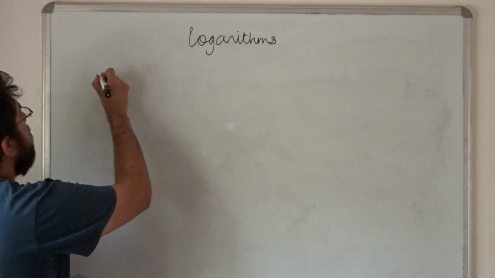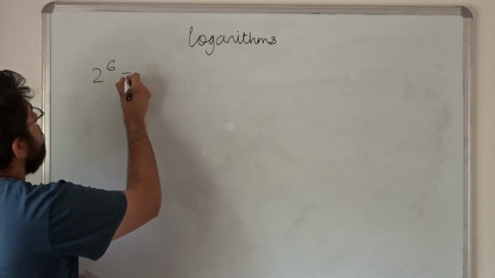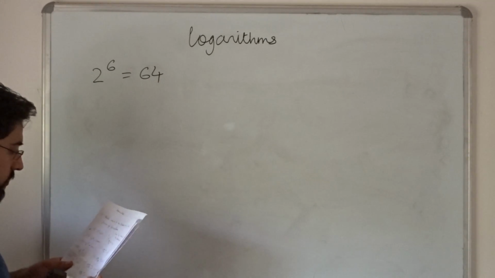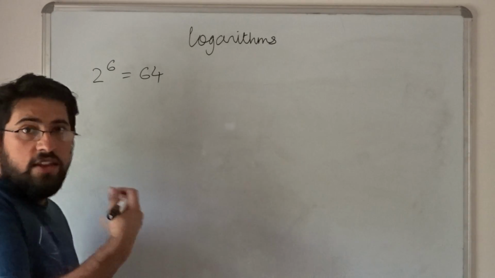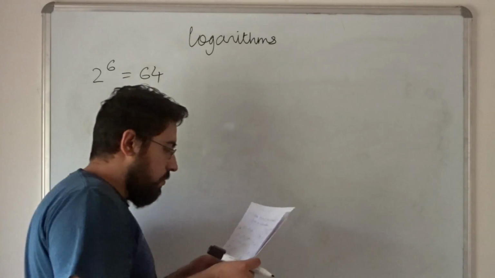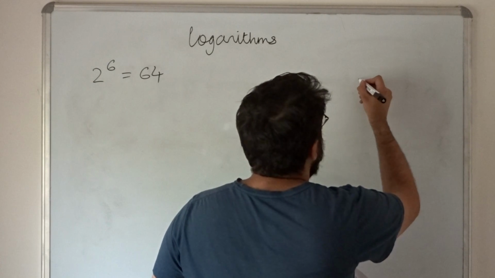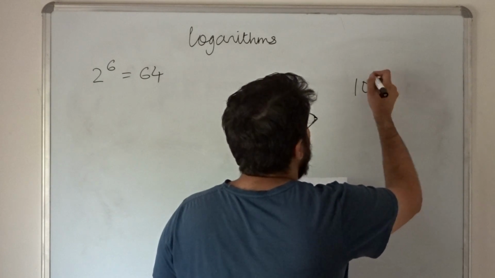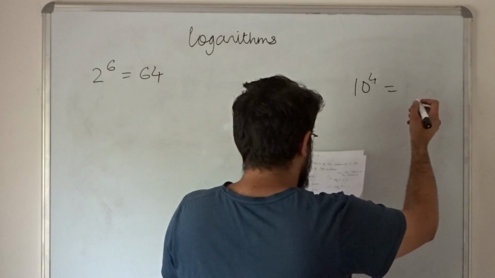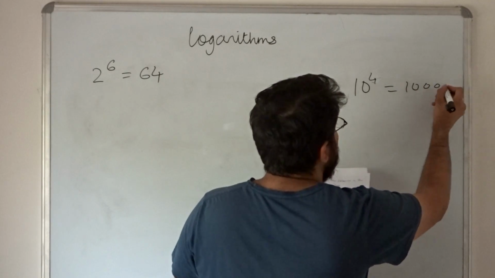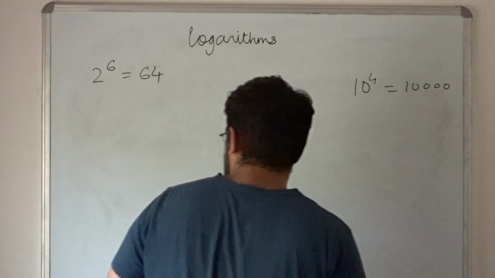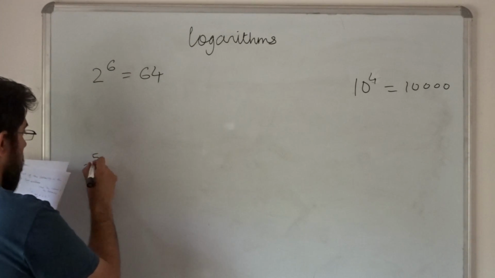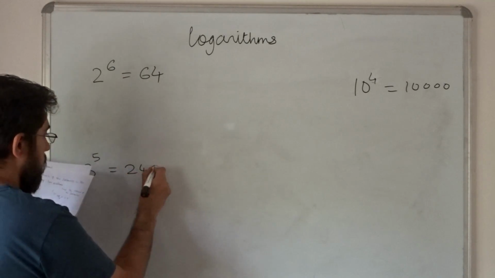So you have 2 to the power 6 equals 64. As I write the questions, just work out the ones I put on the board, and then I'll tell you the answers. So 10 to the power 4 equals 10,000, obviously. 3 to the power 5 equals 243.